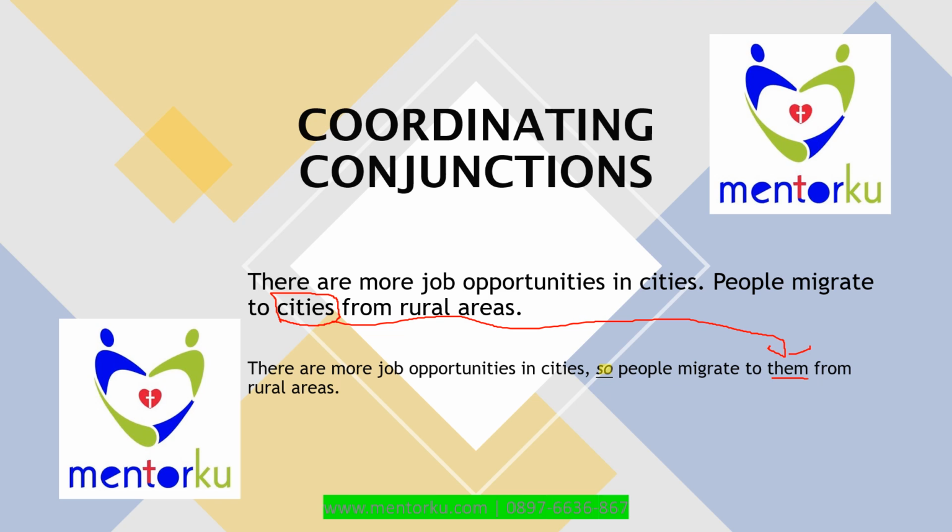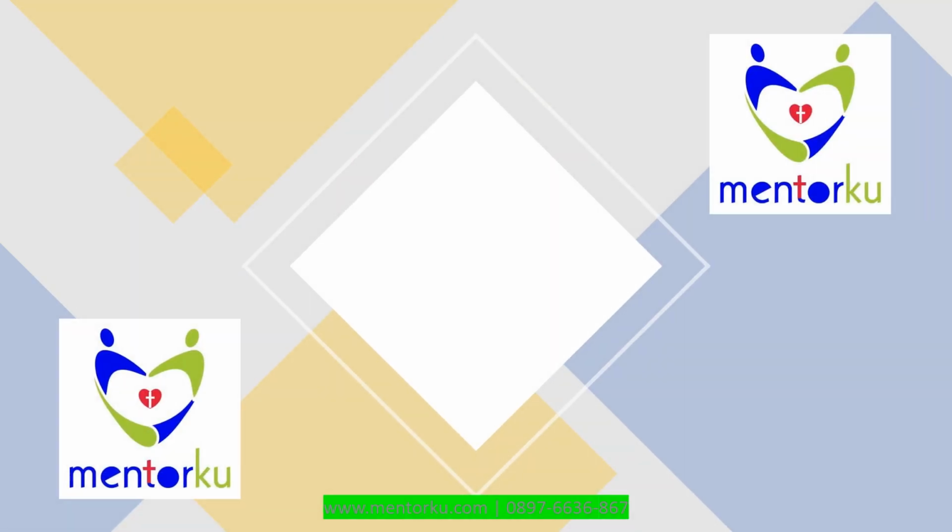So besides so, we also have and, but, we also have for, nor, and yet, and we also have other coordinating conjunctions. But the most common ones are usually and, but, or so. So this is the fourth one for cohesive device, coordinating conjunctions.